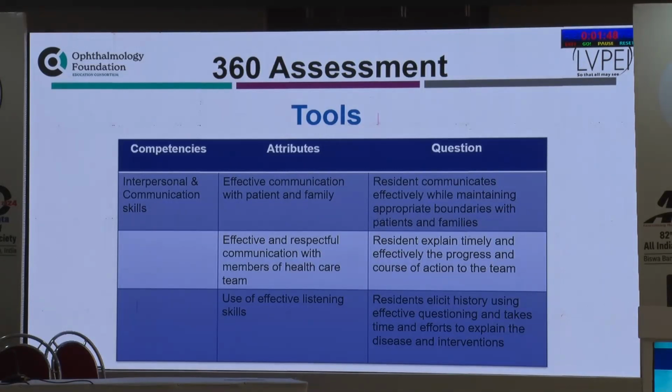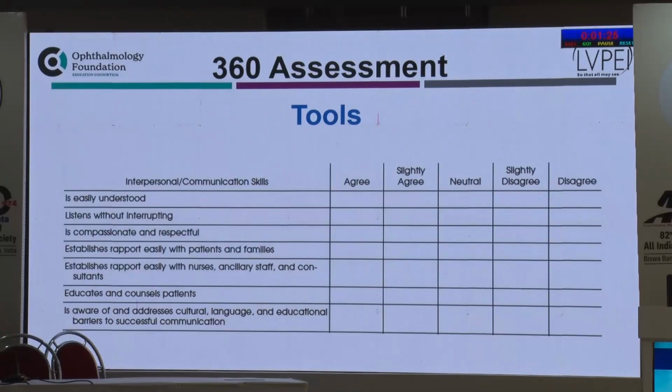Resident explains timely and effectively the process and course of action to the team. And resident elicits history using effective questioning and takes time and effort to explain the disease and intervention that are going to be on the patient. So there are other components also which we published in that journal.